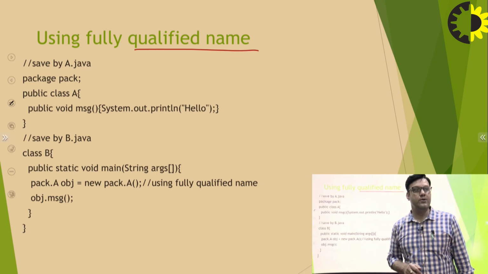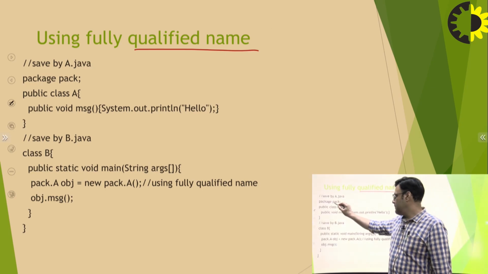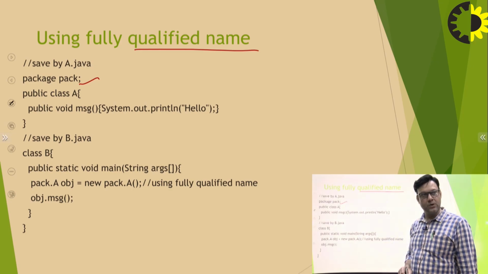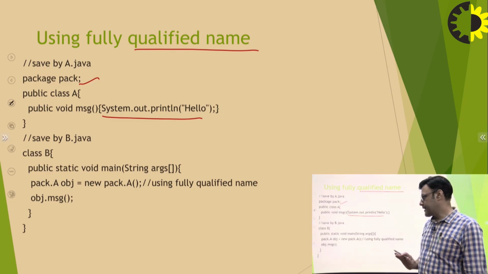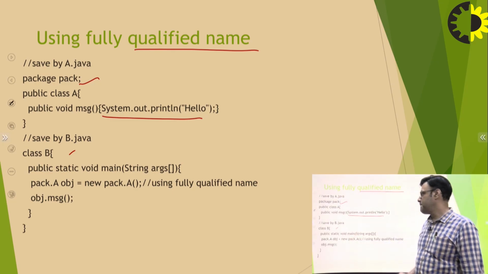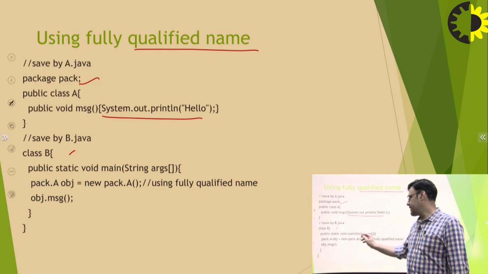Thirdly, with a fully qualified name. Now see, package pack, okay, public class A, same. Secondly, class B, okay, public static void main.